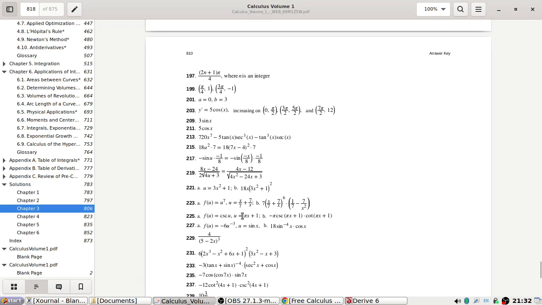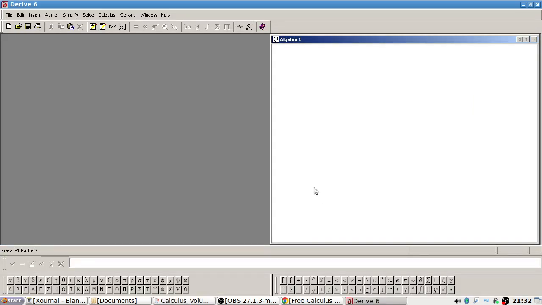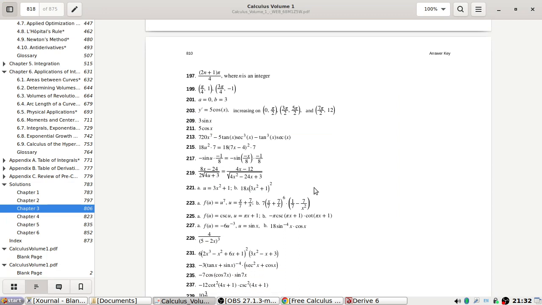Okay, so their answer is 720 x power 7. Well, I don't mean graph my answer and their answer.